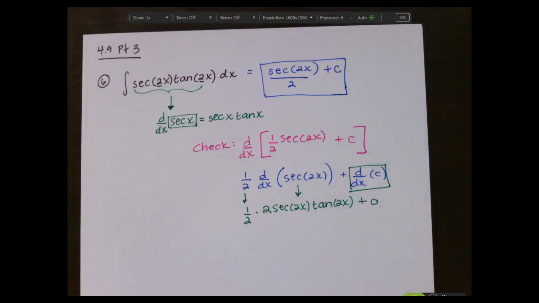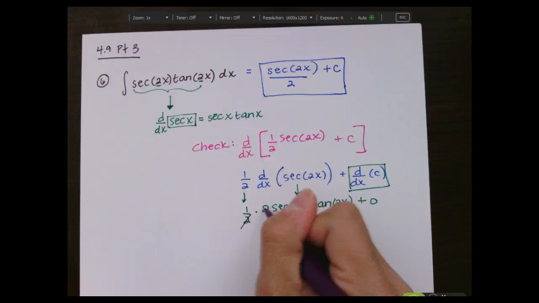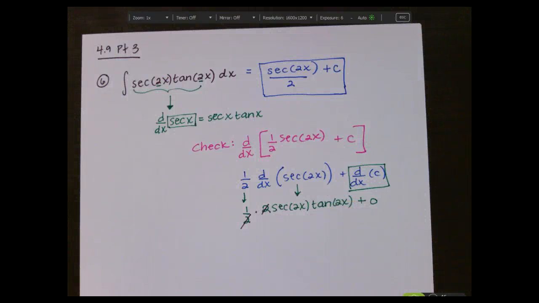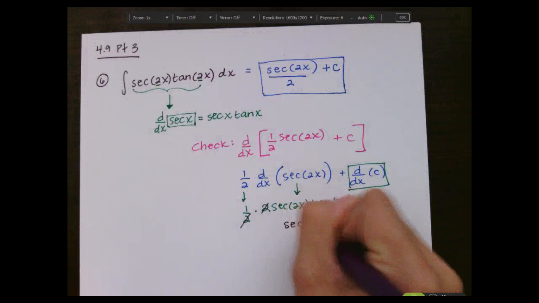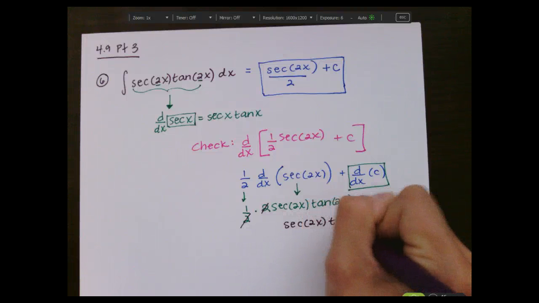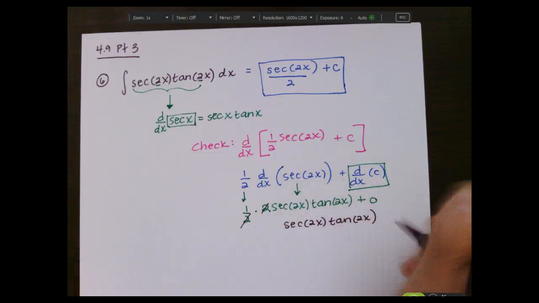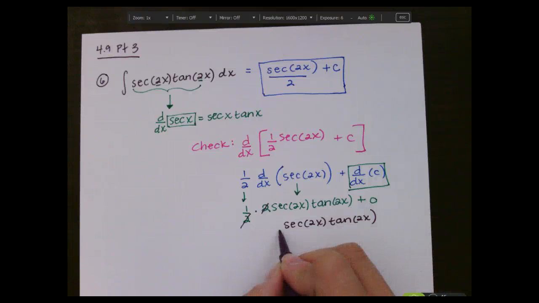So let's clean it up and see if it did work out for us. 1/2 times 2 cancels each other out, which remember was the whole point of dividing by 2, so that we could undo that 2 that we would get from using the chain rule. That leaves us with the secant of 2x times the tangent of 2x, and because we added 0, that's it.